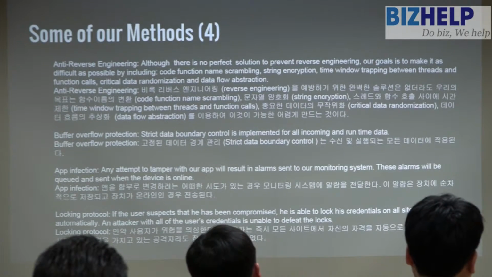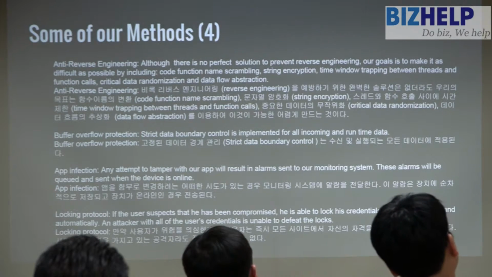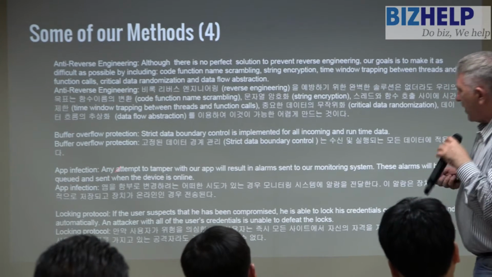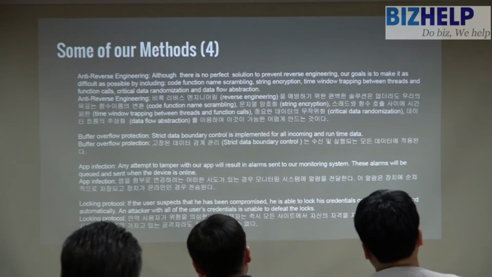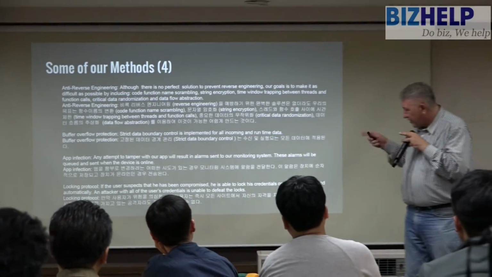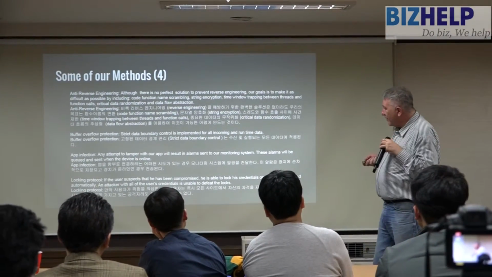We're just making it harder. A lot of these things, you cannot perfectly protect your code. It's going out there in some device. The bad guys can hack on it. But you make it harder and harder and harder for them. I mentioned buffer overflow, so we check all boundaries all the time, everywhere.